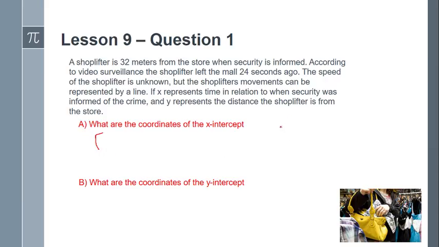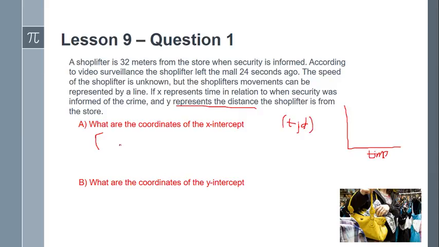What we're ending up graphing here is time on our x-axis, so time is our x variable. And then notice they say that y represents the distance. So we're going to have time and distance, just like you did in the other previous lessons for this project.